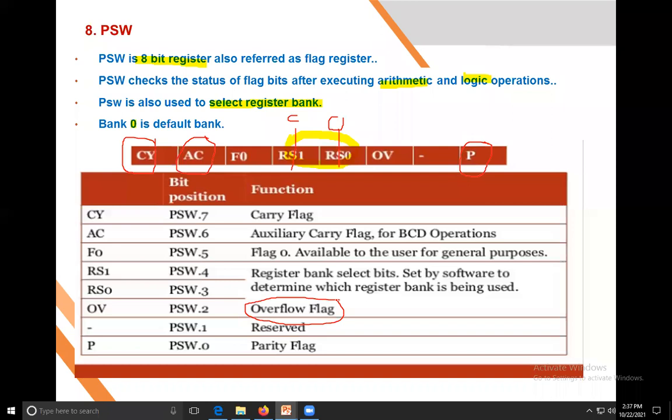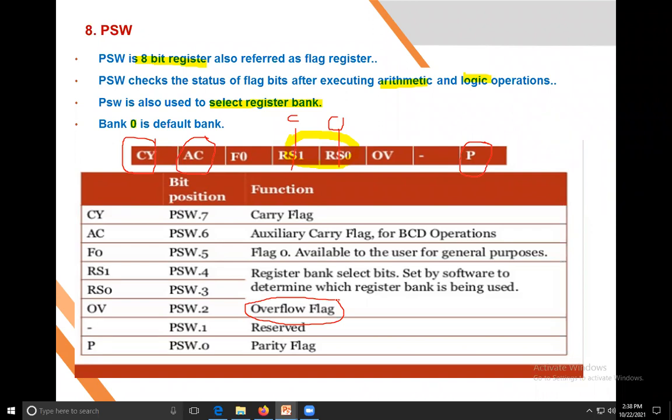So this is the overflow flag. It means if your answer is not in the range of your data type, then the overflow flag will show 1. If your answer is in the range, then the overflow flag is 0. This is in the C program, but in your microcontroller, your register A is 8-bit, your register B is 8-bit, so all the registers are 8-bit.